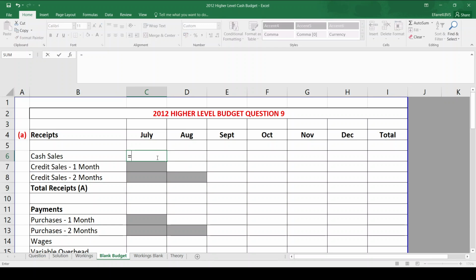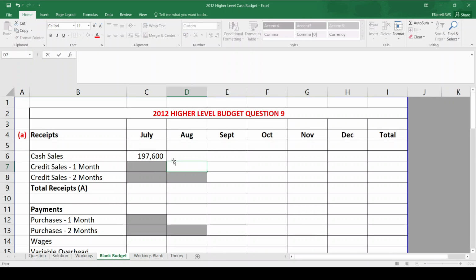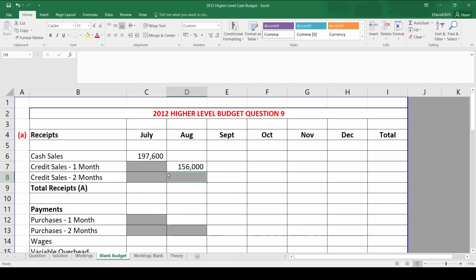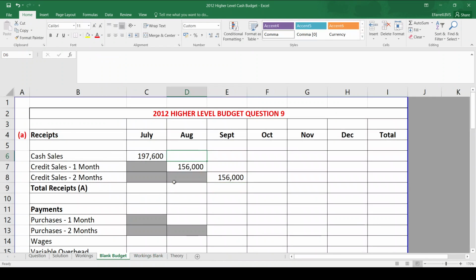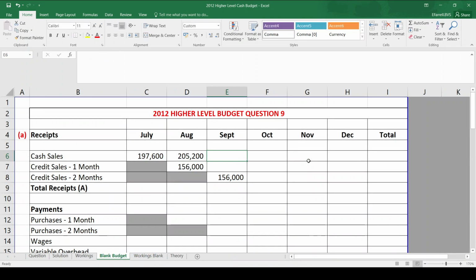So in July, if I go back to my workings, I'm going to receive 197,600 in July. Then in August, I'm going to receive 156 in 1 month, and in September, another 156. In August, for the cash, I'm going to get 205,200.